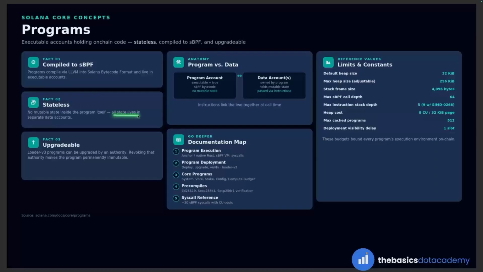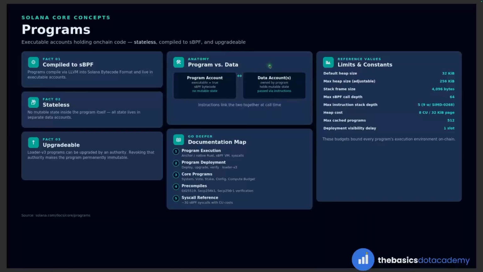Second, the program accounts are stateless. They do not have any state. All state lives in separate data accounts. Third, the program accounts can be upgradable. If you are using loader v3 programs, they can be upgraded by an authority. However, if you revoke that, it makes the program permanently immutable.